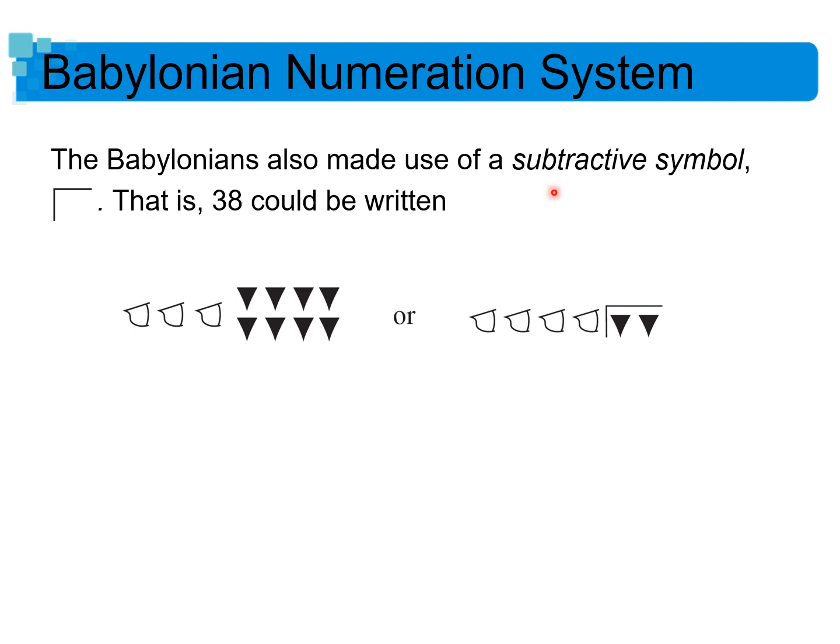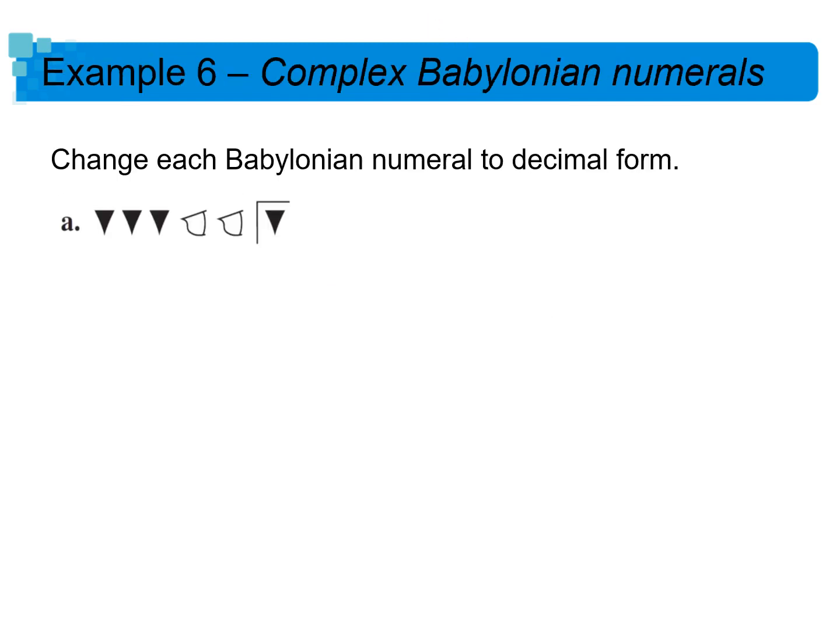Now let's look at an example of how they would involve that subtraction symbol. We're going to take a look at this last example, and I'm going to write it vertically again. When you write this vertically, we have those first 3 triangles, and that's going to be my 60s group. So my 60s group would be 60 times 3, which is 180.